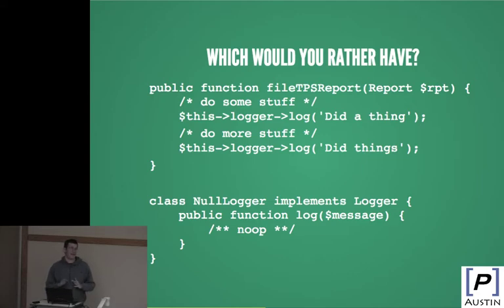But at that point, you're abstracting the implementation details, and you don't have to worry about them anymore. That's why, for example, in the case of Monolog, you have an explicit null logger that you can pass in and say, hey, I want this object to be valid. I want this to be constructor injected, but I don't want it to log anywhere.